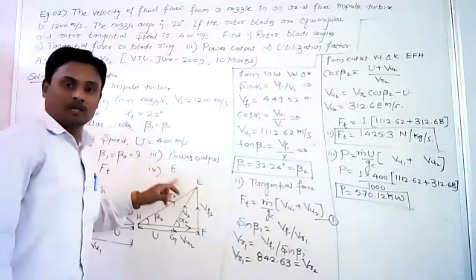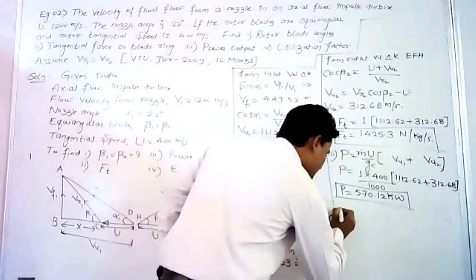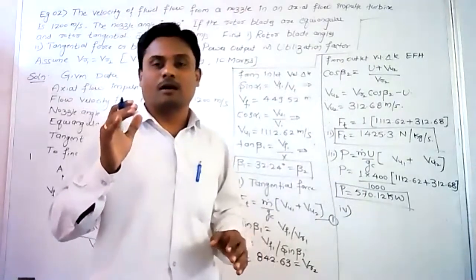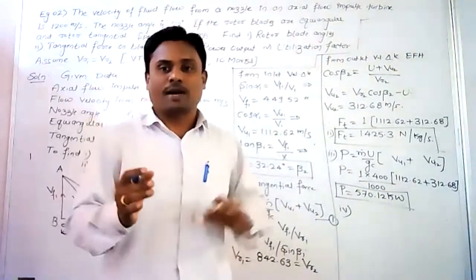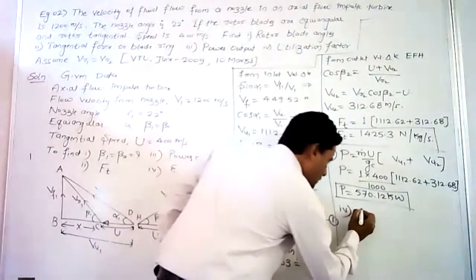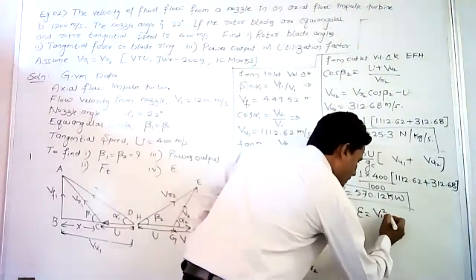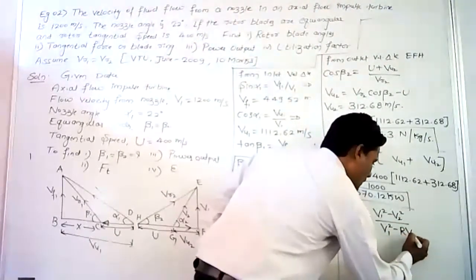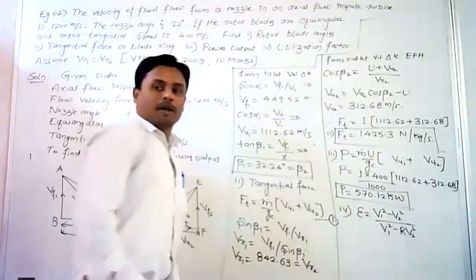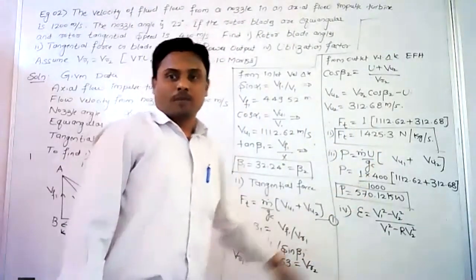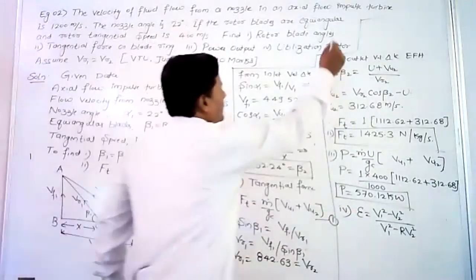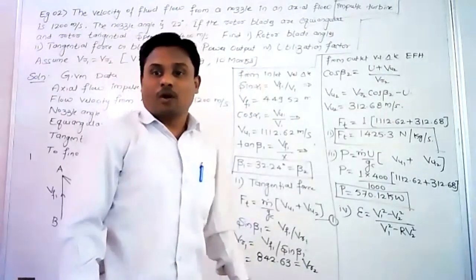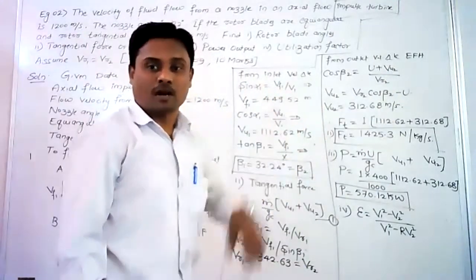Lastly, we have to get the utilization factor. Look here. We know the very basic relationship between the utilization factor and degree of reaction: epsilon equals V1 square minus V2 square divided by V1 square minus R into V2 square. Remember, guys, this is an impulse turbine, as clearly mentioned. So for an impulse turbine, the degree of reaction R equals 0.